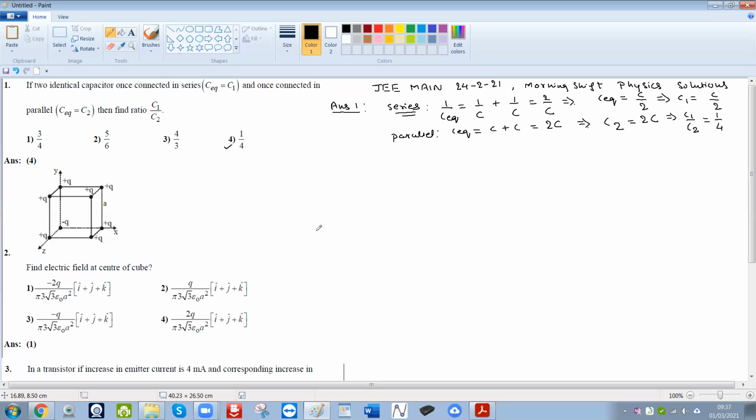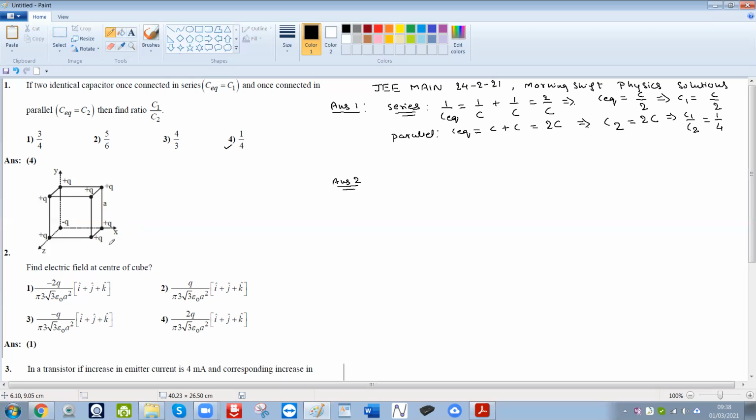Now we come to the second question. So we have been given an arrangement of charges on the vertices of a cube. Now, except for the charge at origin, all other charges are positive.